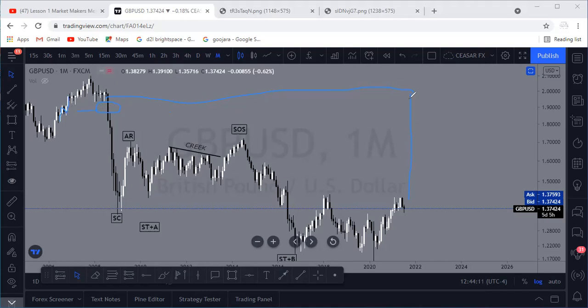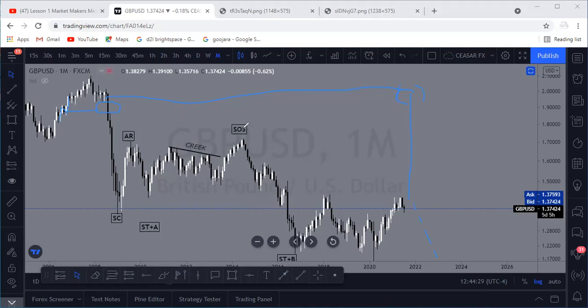So before they push the price, they can't just push the price lower, but they have to push the price back in order to allow themselves an opportunity to close this gap, this fair value gap here.